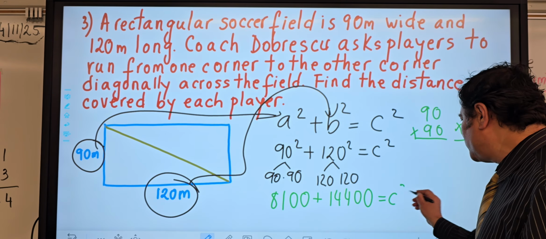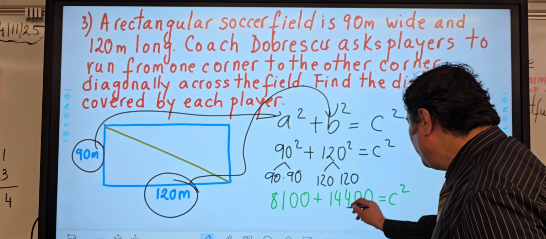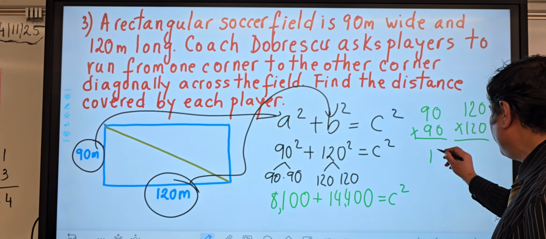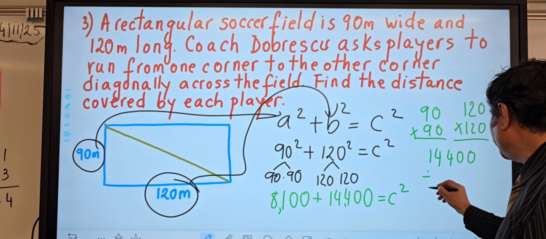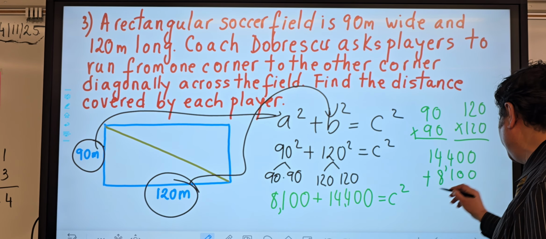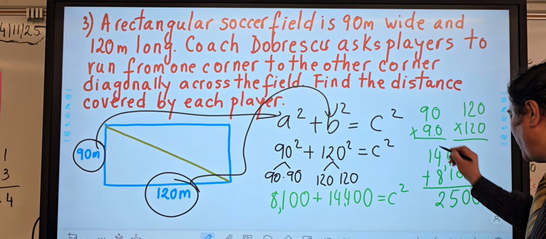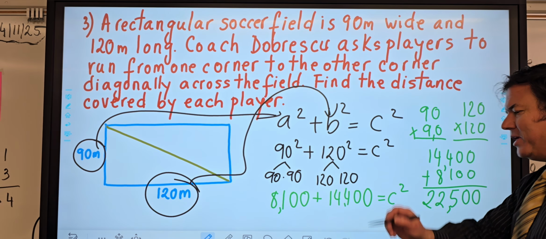Equals c squared. So now let's add those two numbers together. We have 14,400 plus 8,100. See what we get. 0, 0, 4 plus 1 is 5, 8 plus 4 is 12, 2 carry the 1, and here we have 22,500.